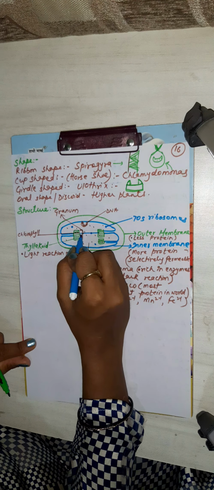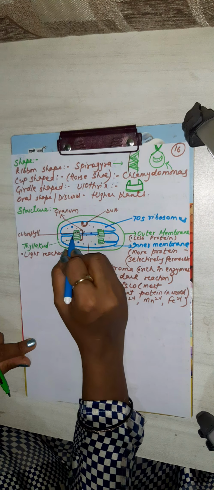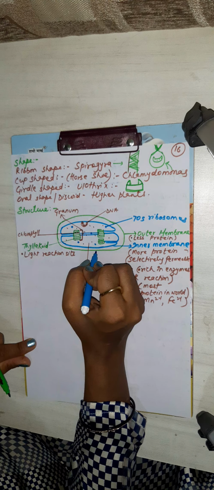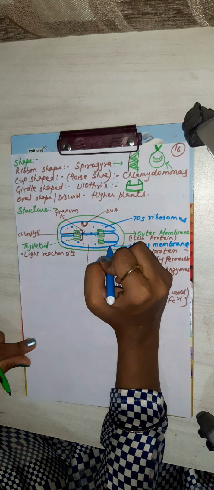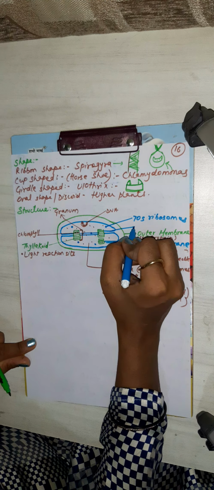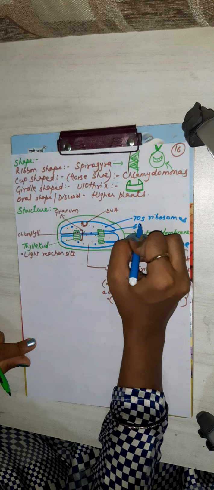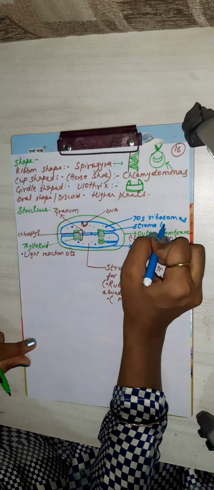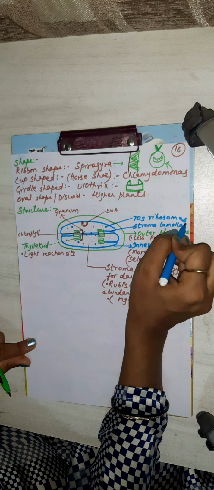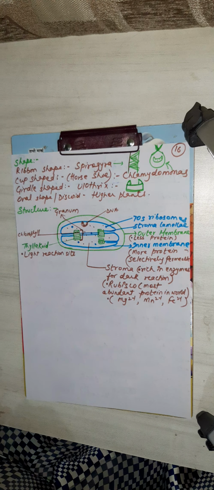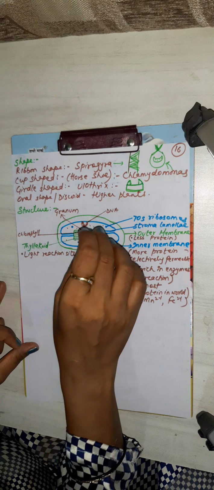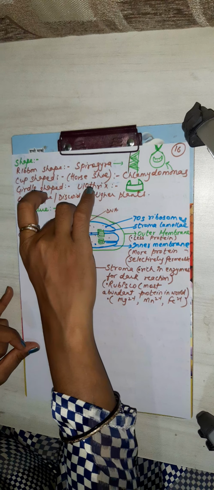They are interconnected. That grana is interconnected with the help of stroma lamellae. This is stroma lamellae. So this is the whole structure of a grana. Now we will take this part. Okay, we will take thylakoid.